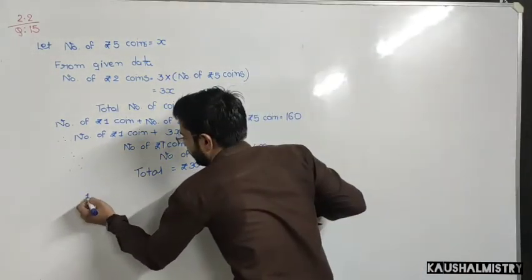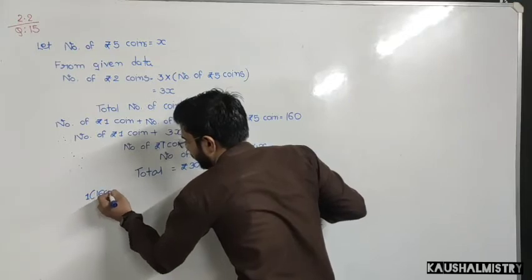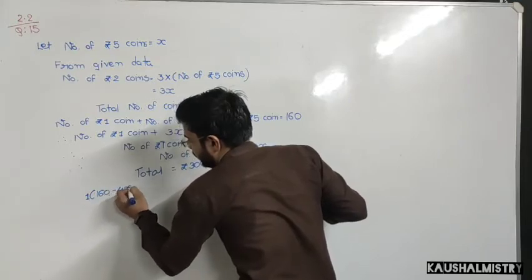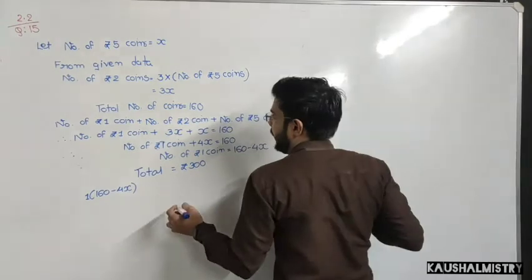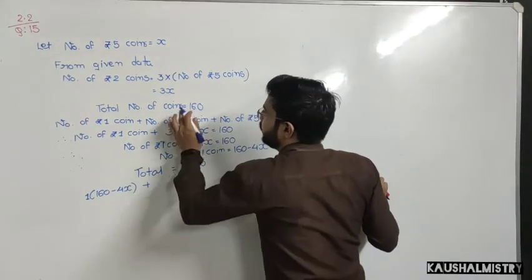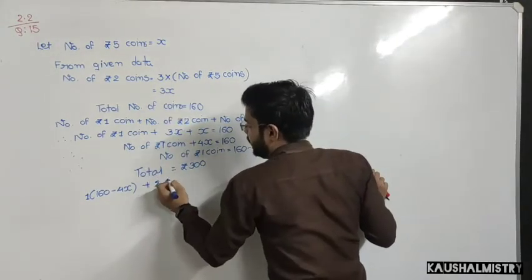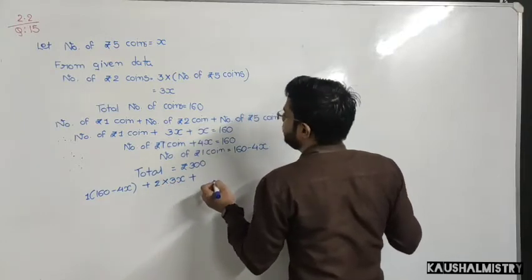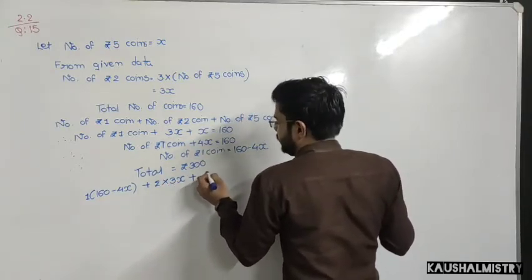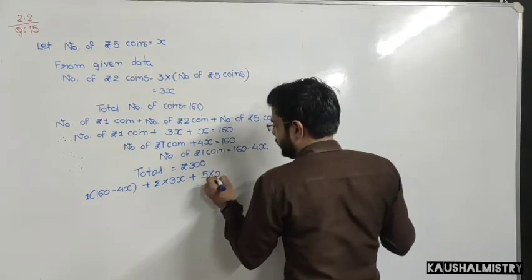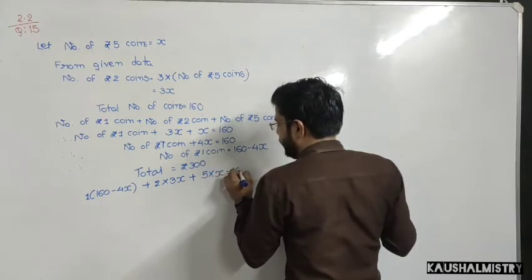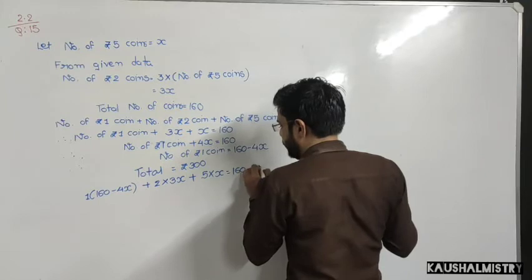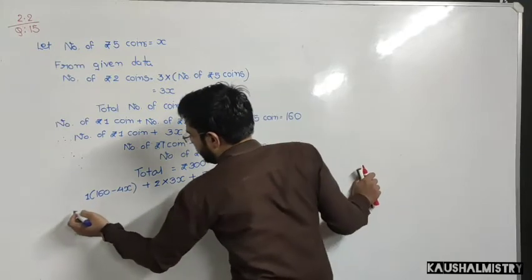So this will be equal to 160 minus 4x. इतने रुपीस मेरे 1 रुपए में, 2 के कितने होंगे? 2 multiplied by 3x and plus 5 into x, right?